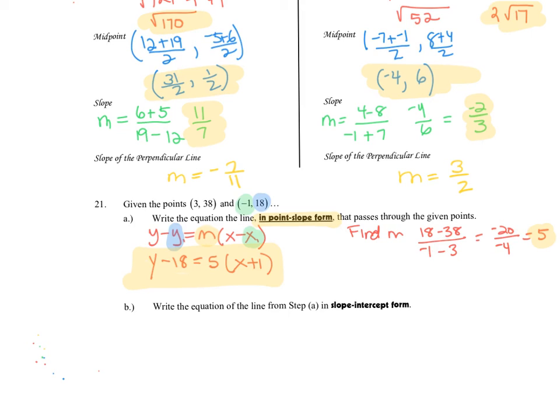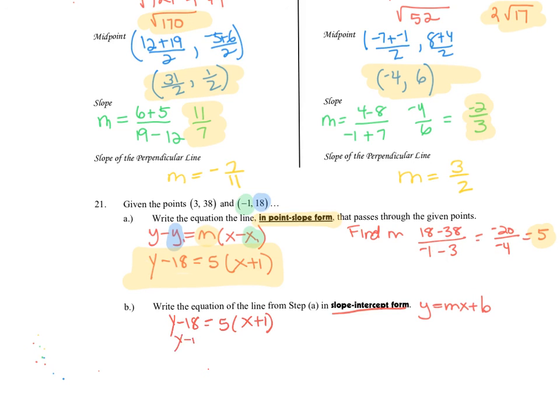Okay, now it's going to ask me to write that equation into slope intercept form. So I'm going to take this equation in point slope form. And there are 2 steps that I need to do here. Remember that slope intercept form is y equals mx plus b. So I'm solving for y.